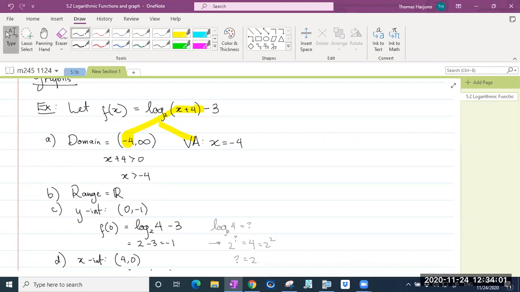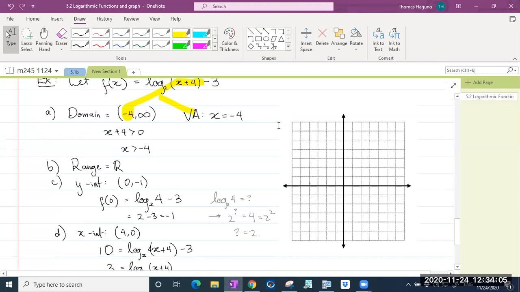Now what happened to the graph? Y-intercept (0, negative 1), x-intercept (4, 0), vertical asymptote x equals negative 4. Those three important coordinates were this guy, this guy, this guy.